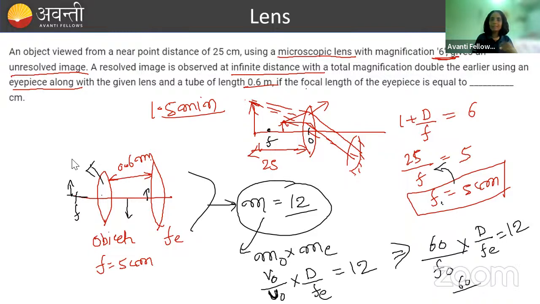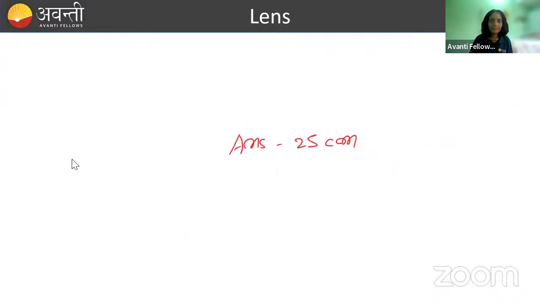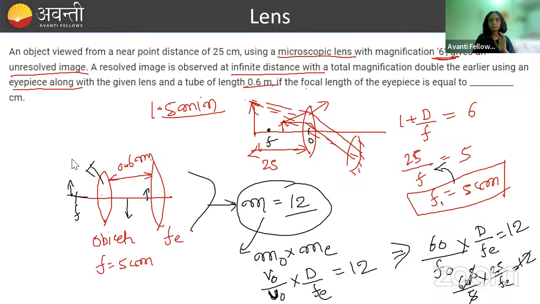Because this was the focal length of this microscopic lens. And the same microscopic lens is acting as an objective. तो यहाँ पे आप क्या लिखोगे? 5. And this is equal to D, 25 centimeter, over Fe, and that is 12. So 12 से ये 5 times में जाएगा. This is 5, 5. Fe will be equal to 25 centimeter, right? So the correct answer will be 25 centimeter. I hope this is clear.